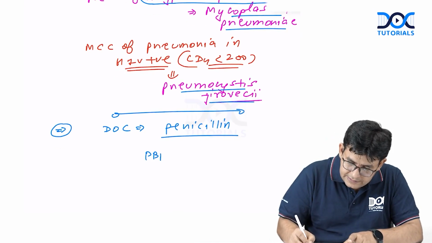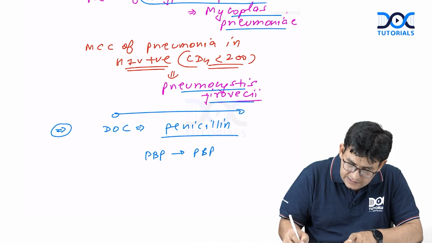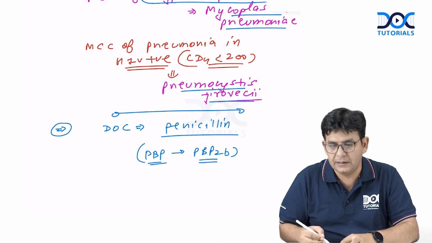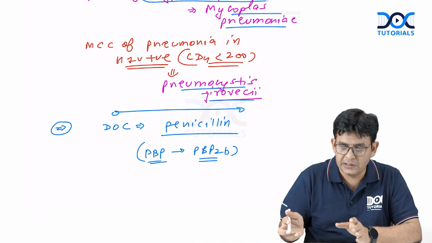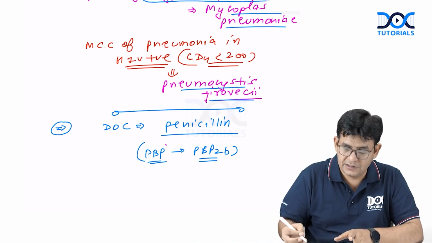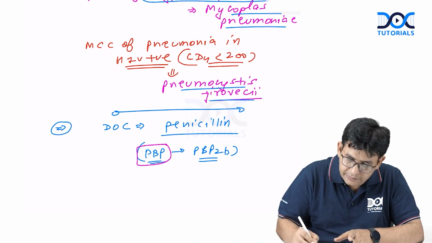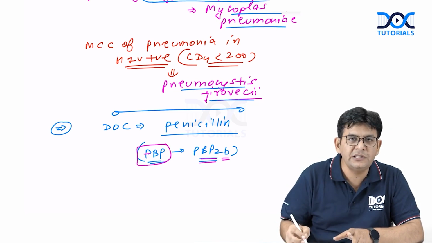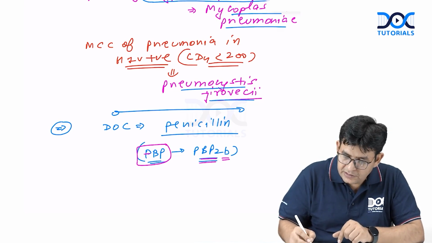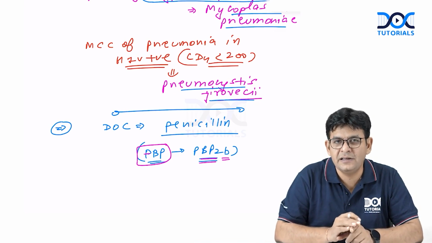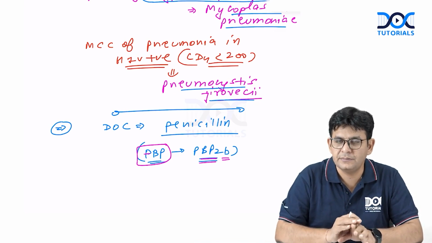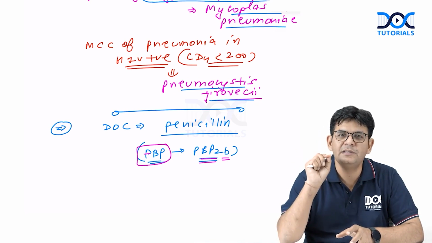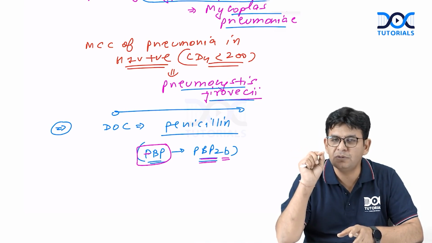In this, a mechanism gets into action: PBP changes to PBP2B, and because of this change in penicillin binding protein, the resistance is increasing against penicillin in pneumococcus. That also needs to be remembered. And can you tell me where PBP changes to PBP2A? Answer is MRSA.